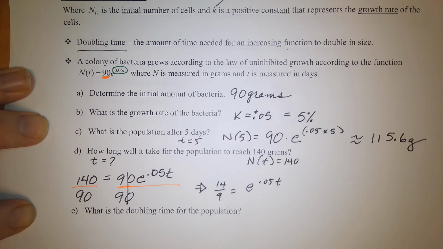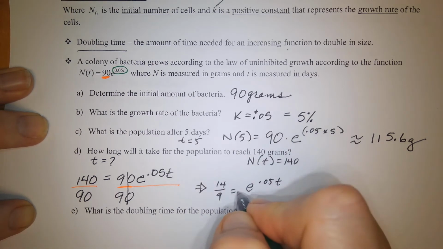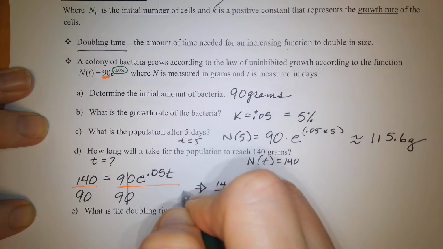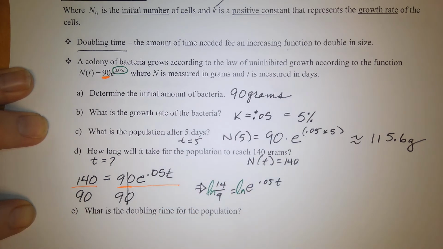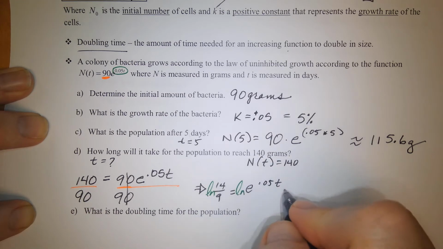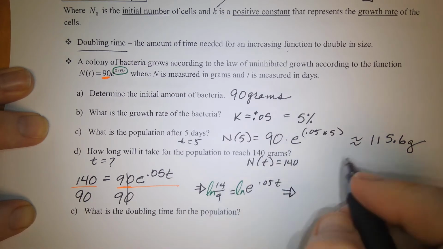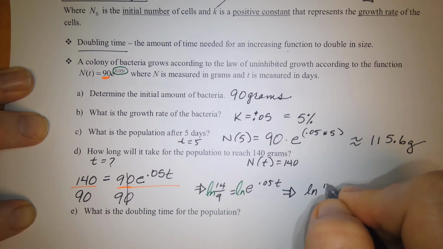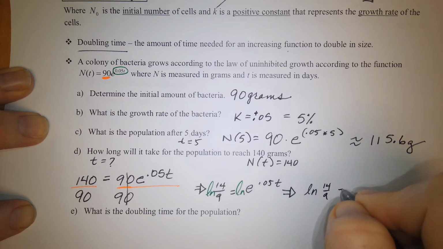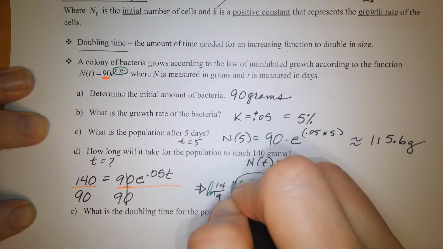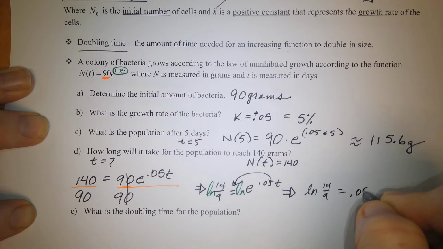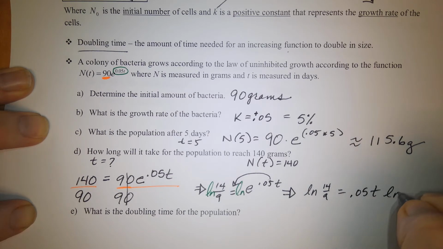Now, in order to bring that t down in front, I'm going to take natural log of both sides. When I take natural log of both sides, I'll have natural log of 14/9 equals, and then that comes down, 0.05t natural log e.